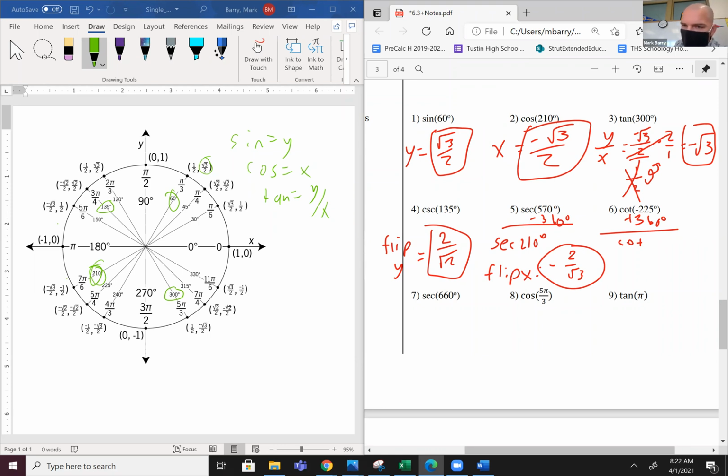And that's going to give me cotangent of, this is a tricky one to do in your head because it's 360 minus 225. Okay, 5, 10. So 5, and then that would be 3, and that would be 135, right? Yes, that sounds good.